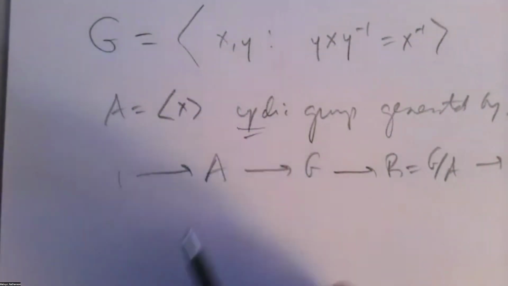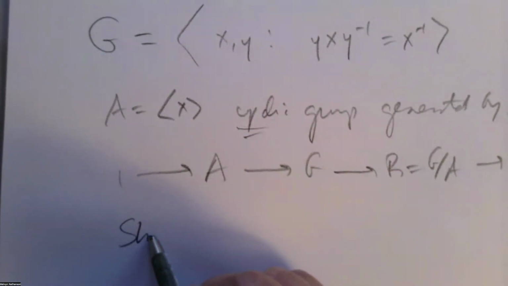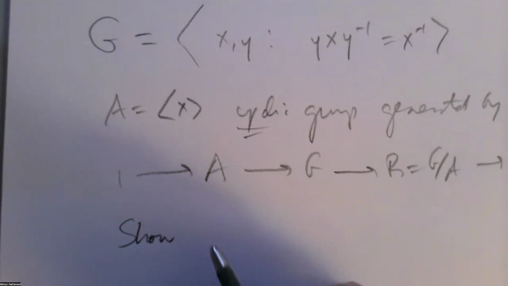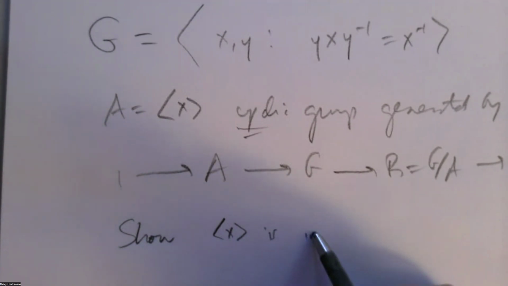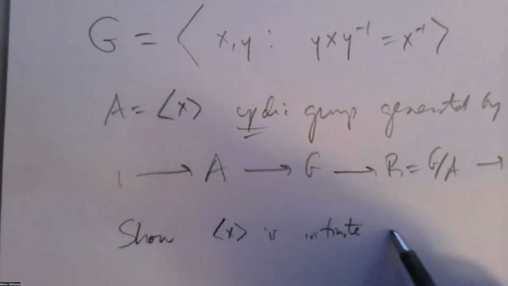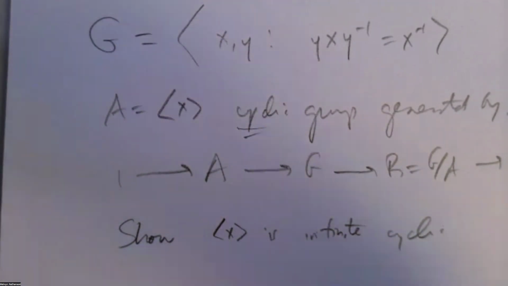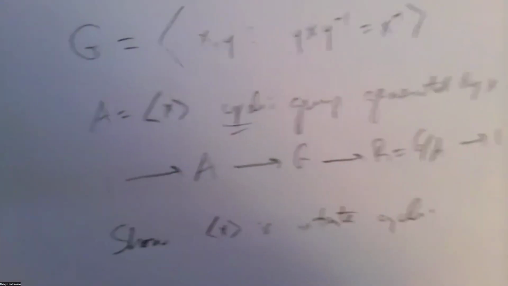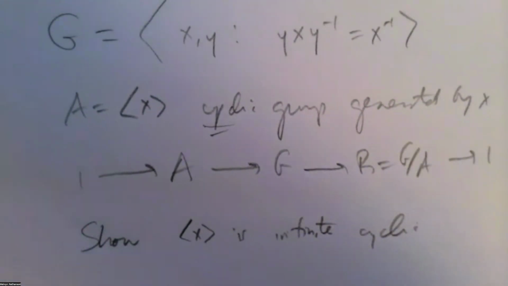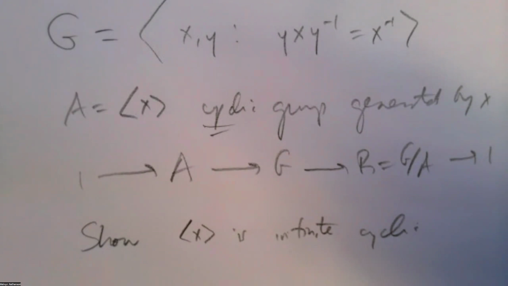But this is cyclic. And the question, which is supposed to be obvious, is to show that x is infinite cyclic. Or in general, I want to know that this is a torsion-free group. So that's my question.